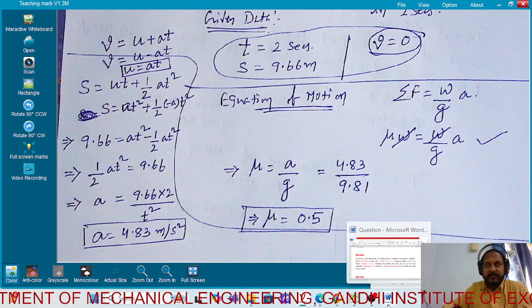So by reading the question, let us draw the diagram. Is it visible to all of you?